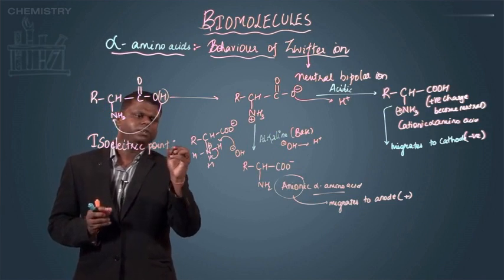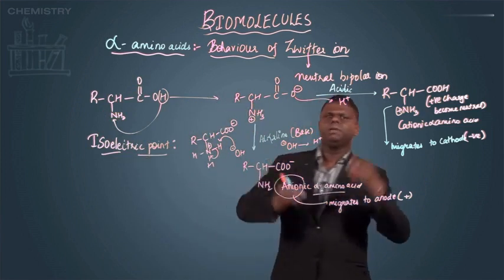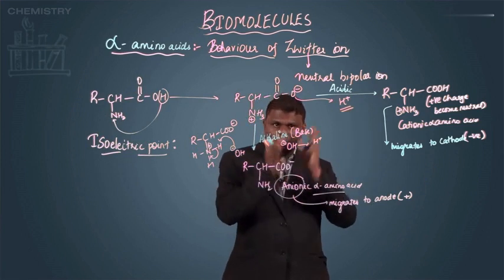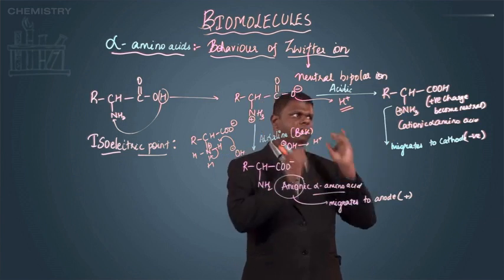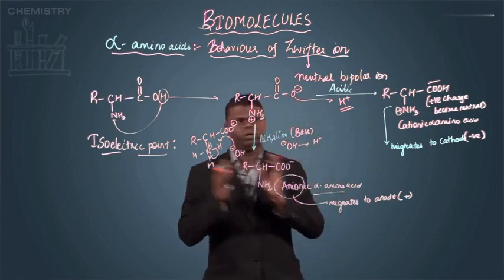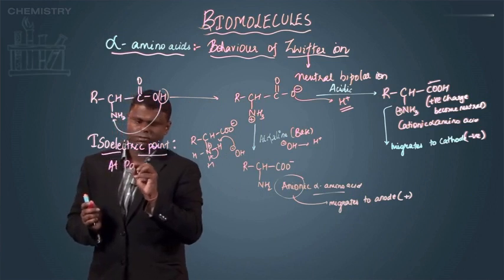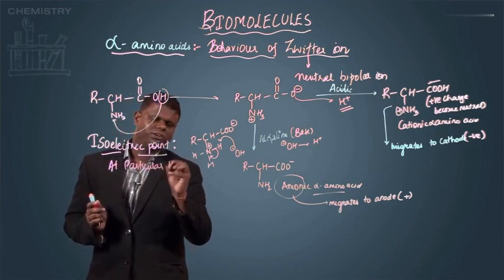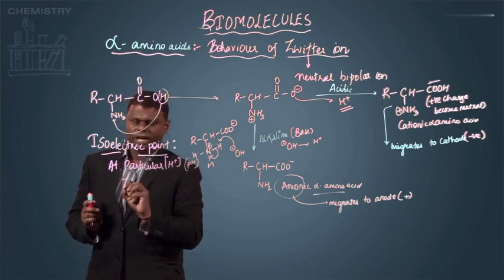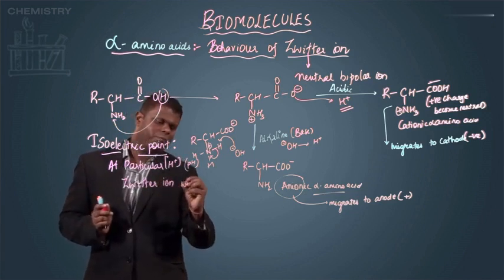What exactly do you mean by an isoelectric point? Now we are basically concerned about the media. So let's say when you consider this H plus, right? At a particular pH, now you know that when you have a cationic alpha amino acid, the cationic part will migrate towards the cathode, and the anionic will migrate towards the anode. At a particular H plus ion concentration, that is, indirectly I am talking about the pH, the zwitterion will not migrate.